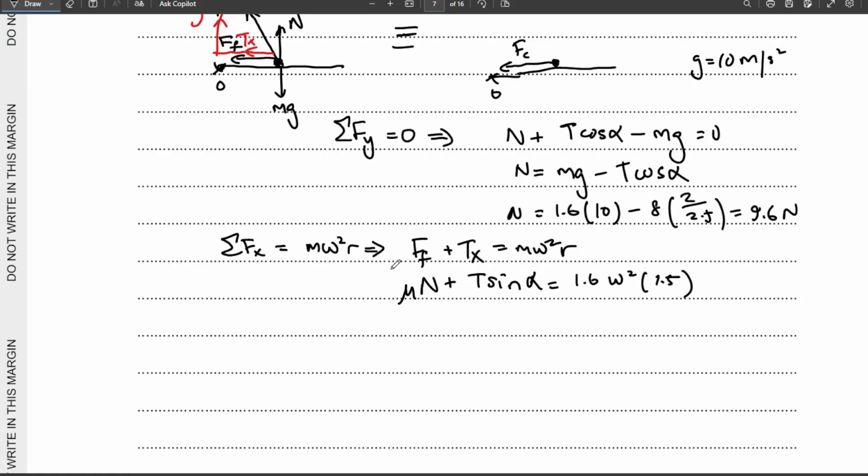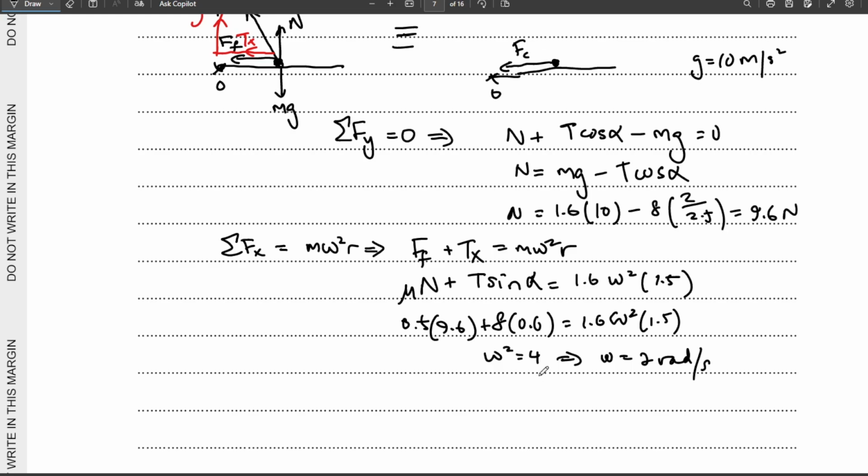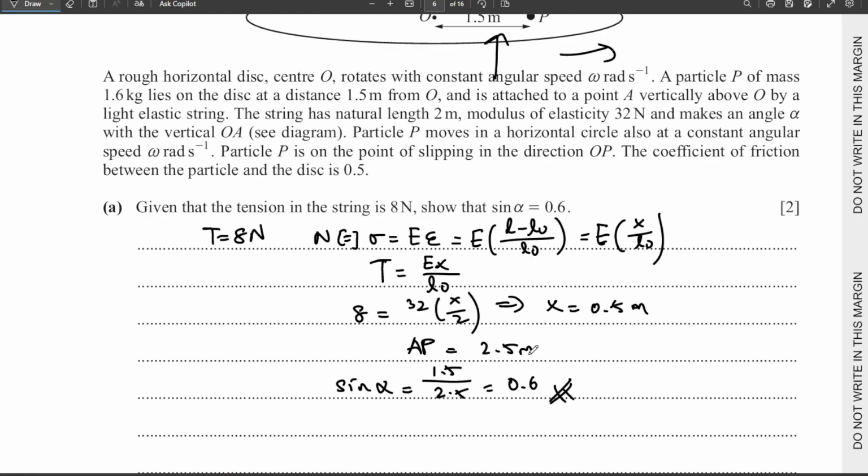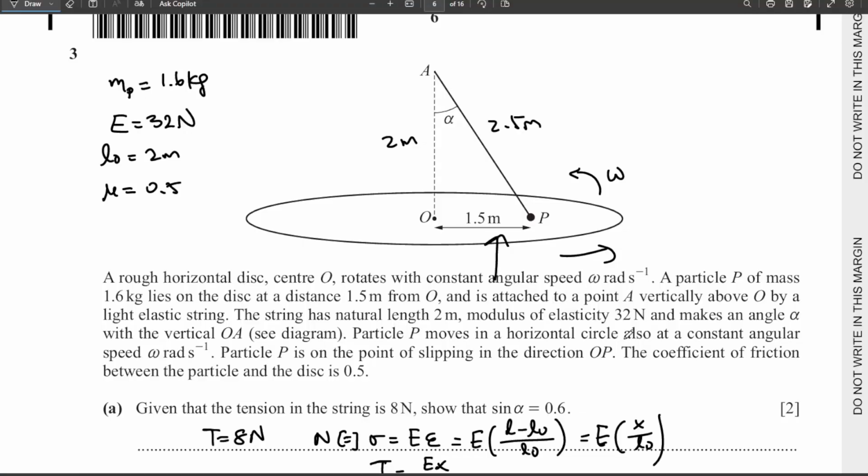Now we just substitute the values. Up till here, we get omega squared is 4. Actually the question did not specify which way it's turning.